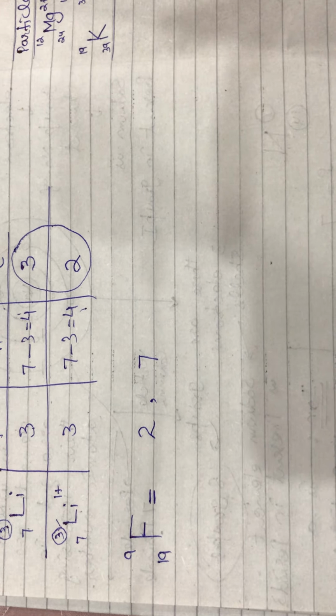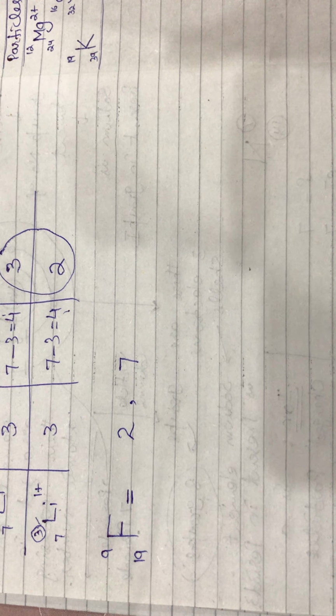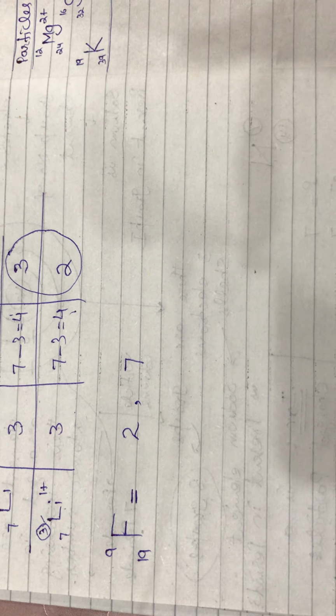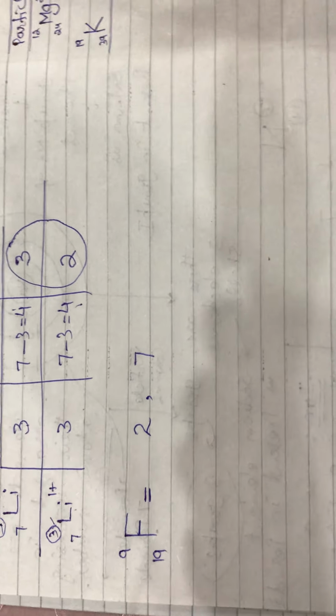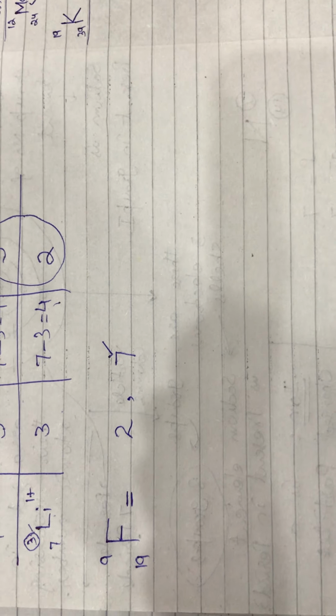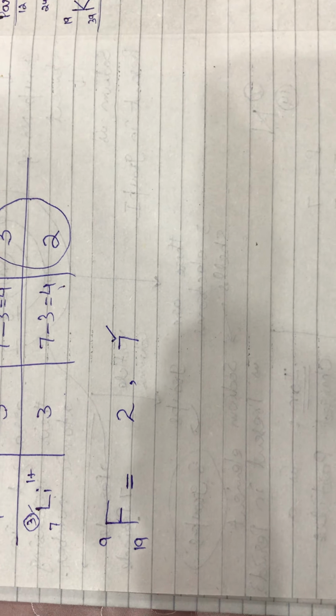We had already discussed in our previous lesson that a second shell can contain a maximum of 8 electrons, but over here fluorine has how many electrons? 7 electrons, and it needs 1 electron to complete its second shell.